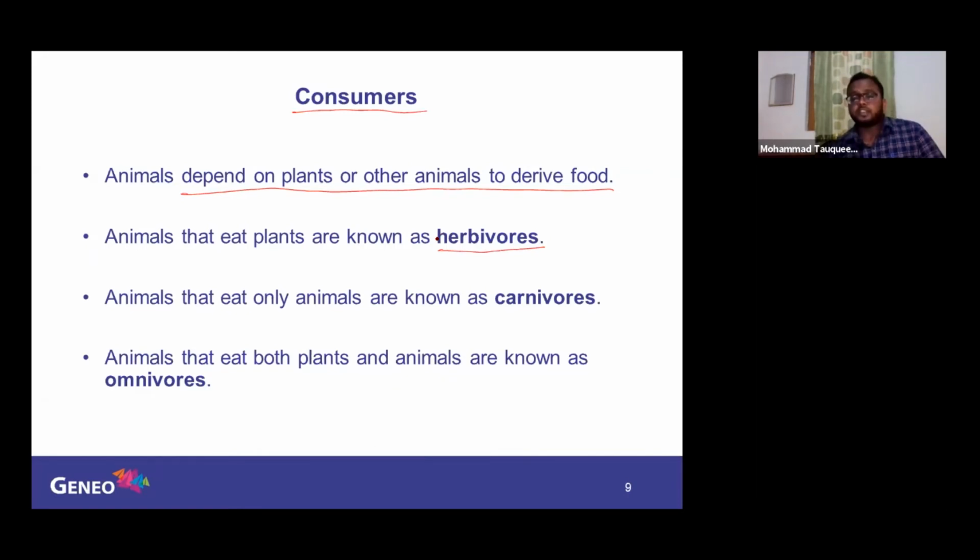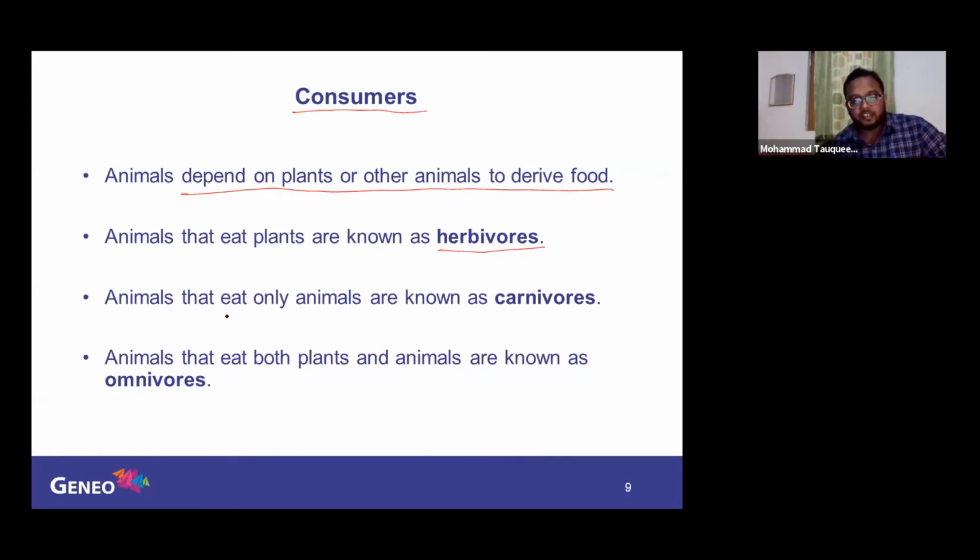Animals which eat plants are known as herbivores. Like the elephant used to eat grasses, so it is a herbivore. Goat is a herbivore, because you cannot feed a goat with chicken. The goat will not eat that, because it eats only grasses, so it is a herbivore.